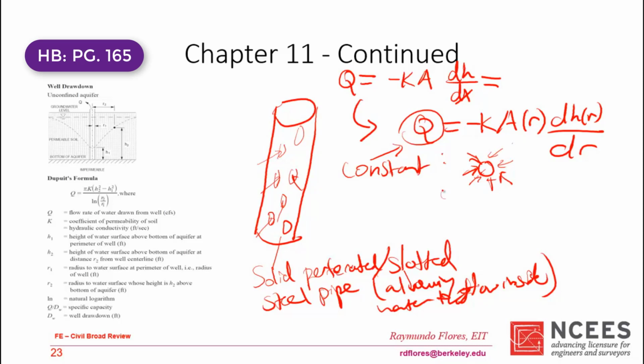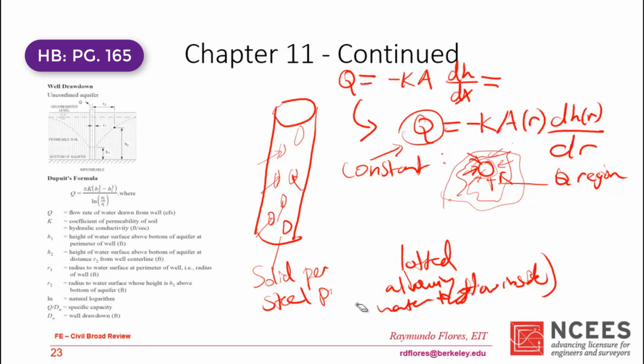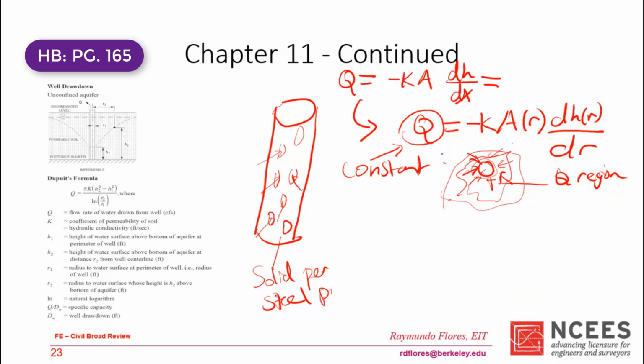So that's our Q region. As a result, we're allowed to treat it as a constant for the purposes of solving this. So if we get rid of this stuff, slotted, so it's able to go inside, just keep that in mind.